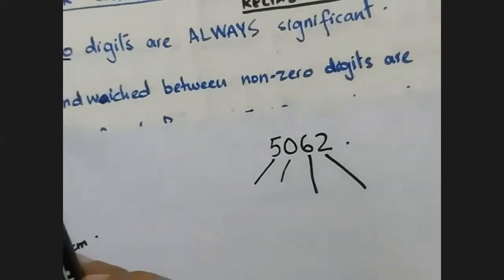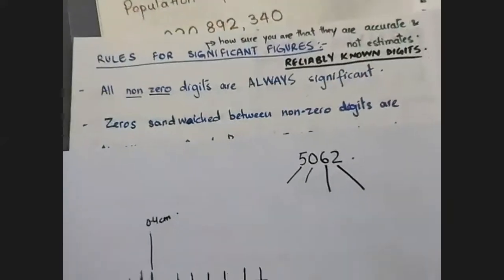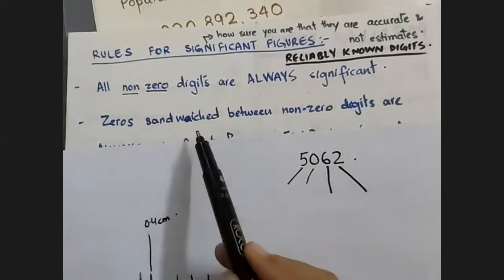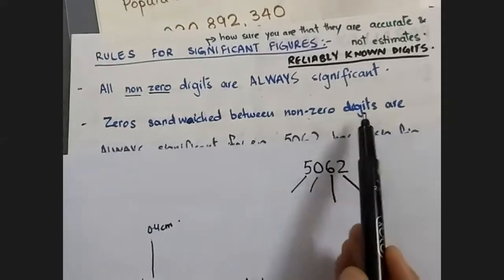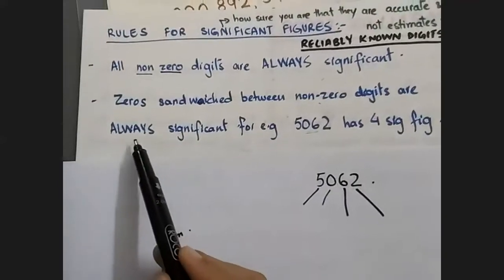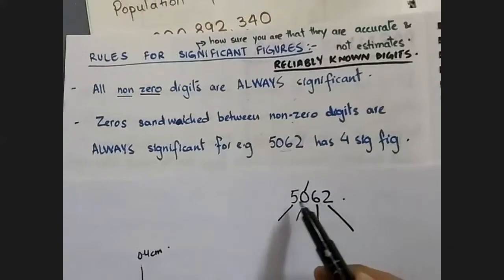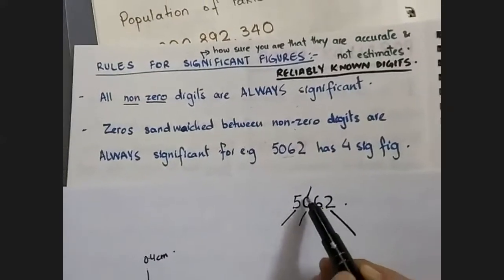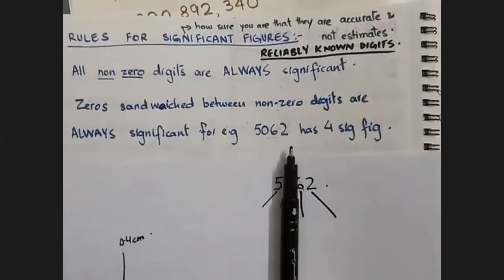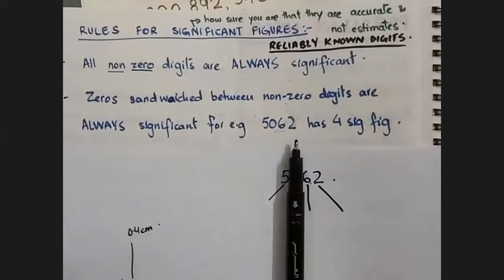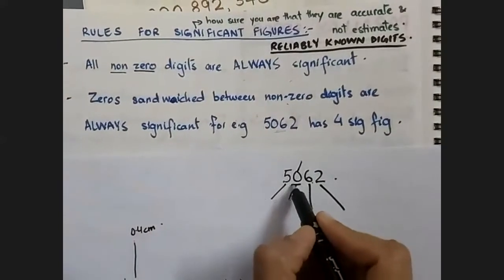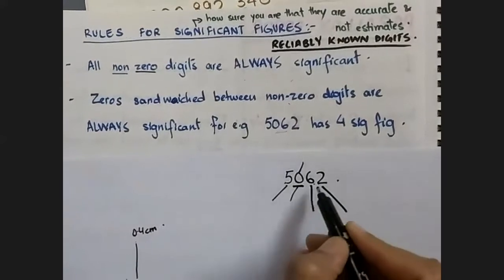Zeros sandwiched between non-zero digits are also always significant. Sandwiched meaning they are lying in between the non-zero digits. So zeros that come in between the non-zero digits will also be significant.